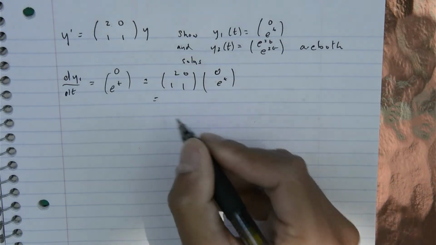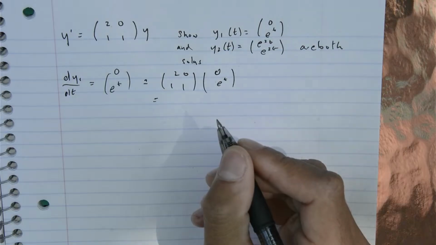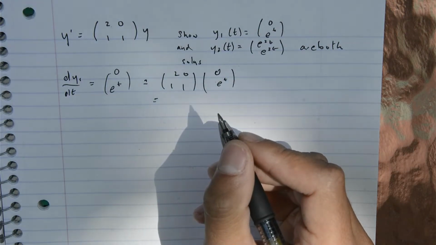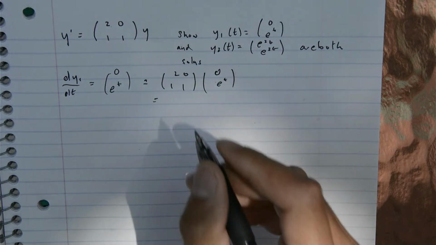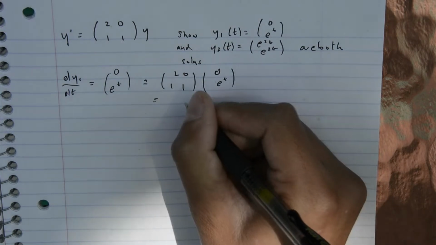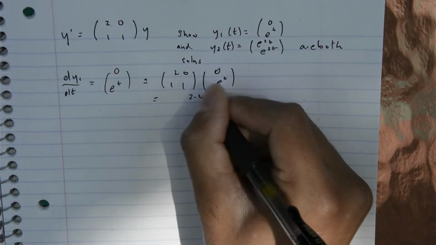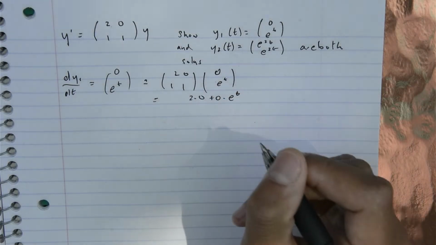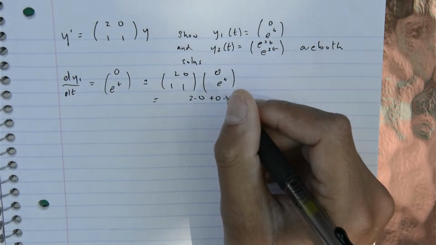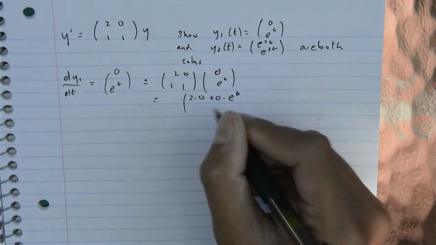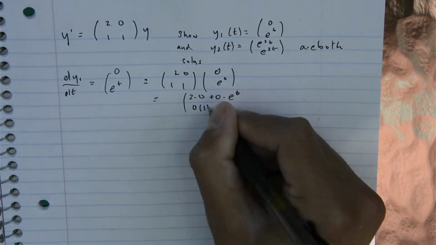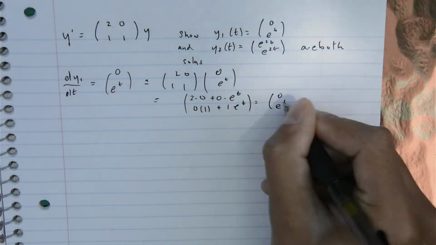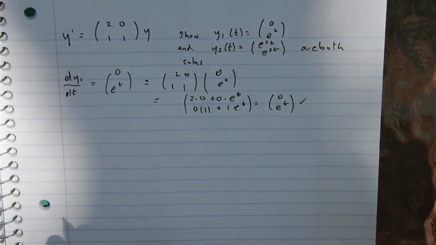So this is going to be 2 times 0 plus 0 times e to the t. Wait, did I write this down wrong? Okay, then it's going to be 0 times 1 plus 1 times e to the t, which is equal to 0 e to the t. So that's a solution. That one's easy.